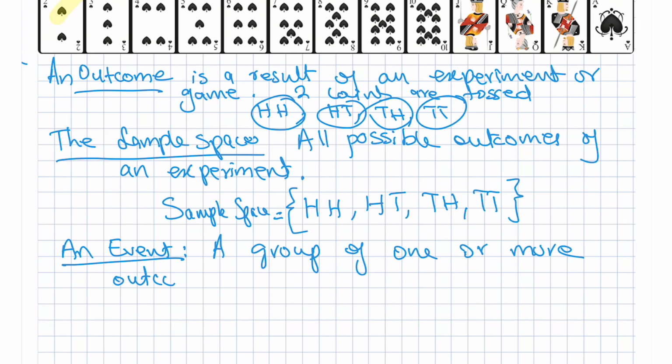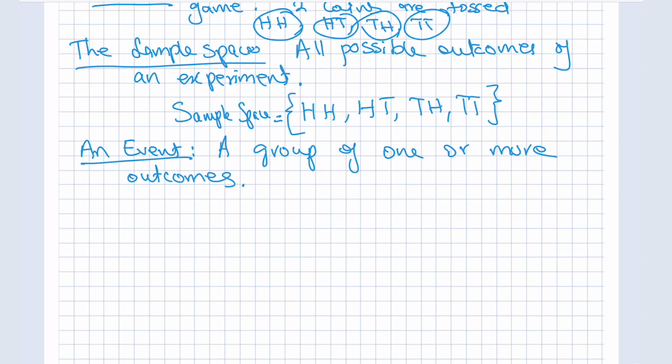For example, the event of both coins being the same consists of the 2 outcomes: 2 heads and 2 tails.